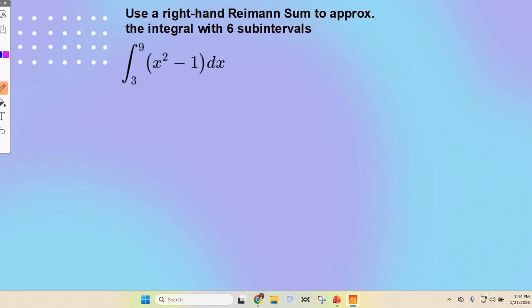So this time, we don't necessarily know what we want our widths to be, but we do want 6 equal subintervals.